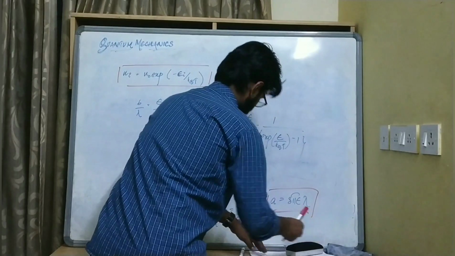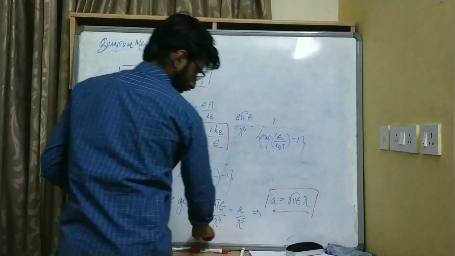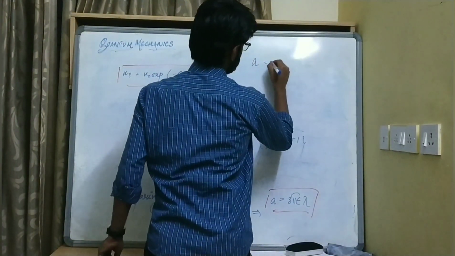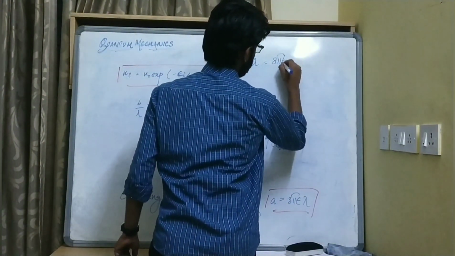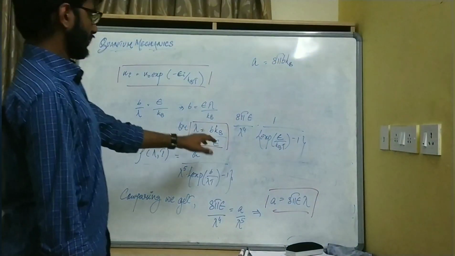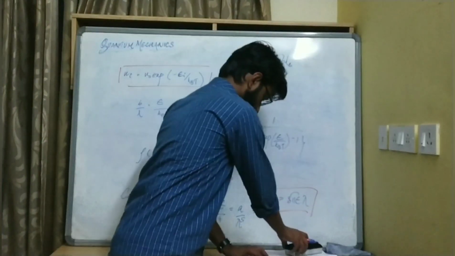If you are using this, from this you can get A is equal to 8 pi BKB. Just check it, substitute this wavelength in this expression, you will get this.